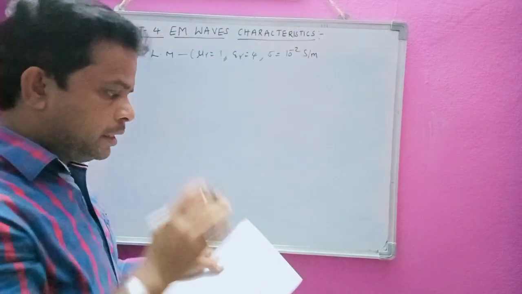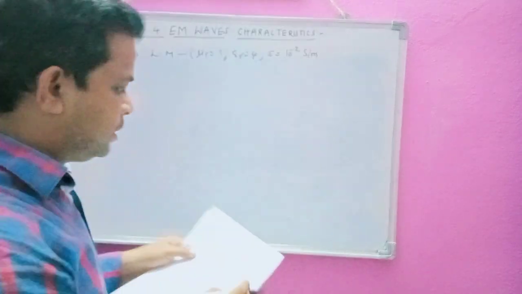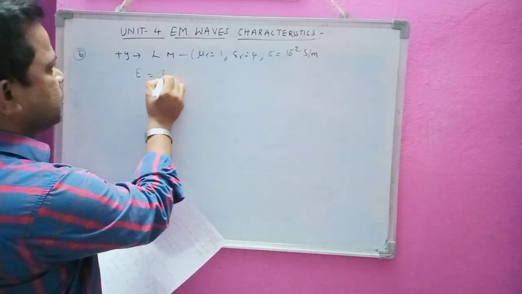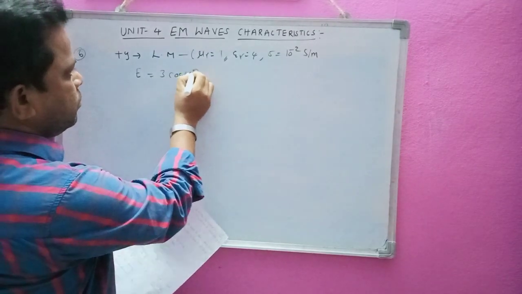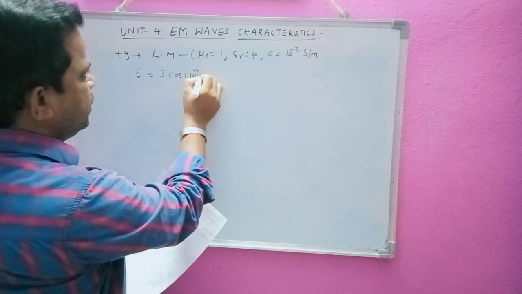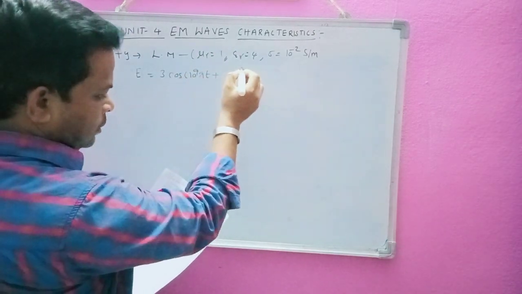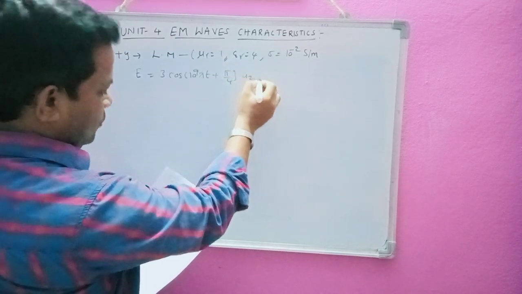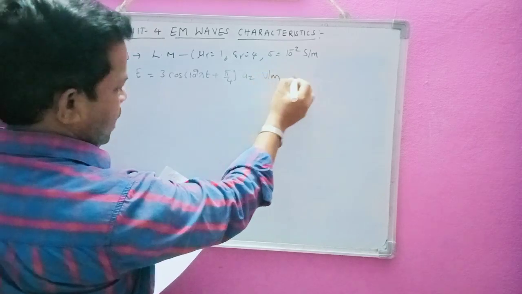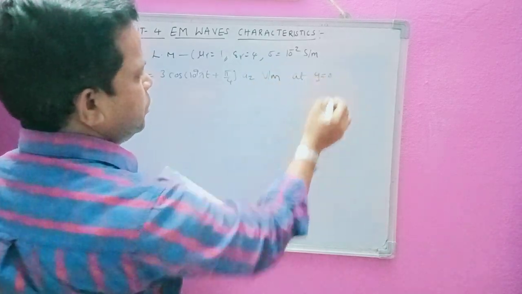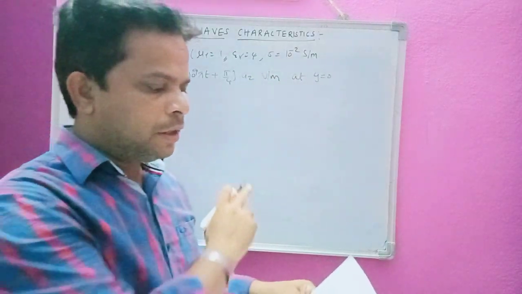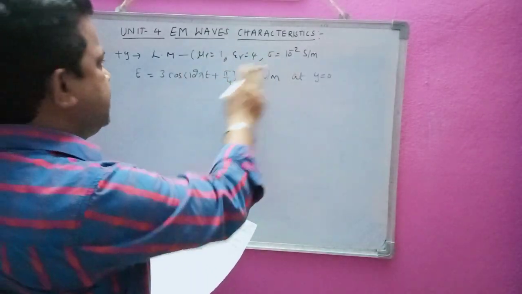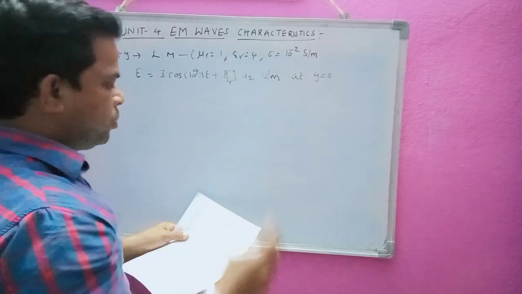He has given these values, and the electric field intensity E is given as 30 cos(10 power of 9 pi t plus pi by 4) Az volts per meter at y is equal to 0. So a plane wave traveling in the positive y direction in a lossy medium with these values, and E is equal to this one at y is equal to 0.